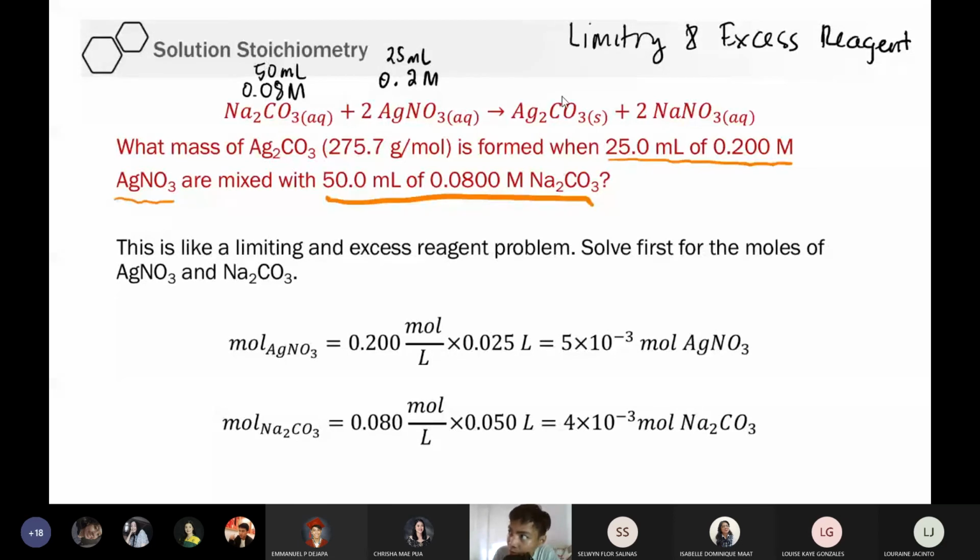You also convert this into the moles of your product by stoichiometry. Parehas mo sila i-convert to the product. Then what's next? You check kung sino may lowest yield. Sino may pinakamababang amounts na maibibigay. Yung may pinakamababa na amount na maibibigay, yun yung limiting reagent. And then yung natirang reagent, yun yung excess reagent.